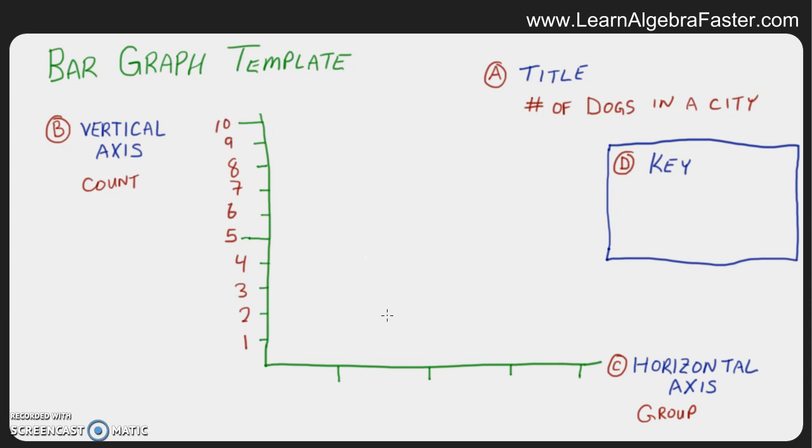Okay, and now on the horizontal axis, this is where we group things. So actually, on this, let's just call the cities small city, medium city, and large city. Okay, now this is where we actually start to draw the bar graph.